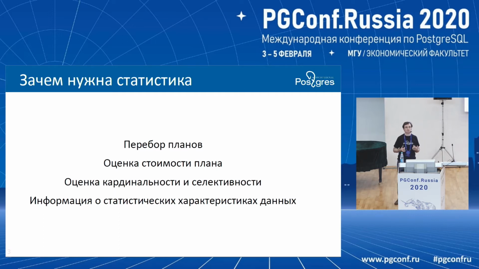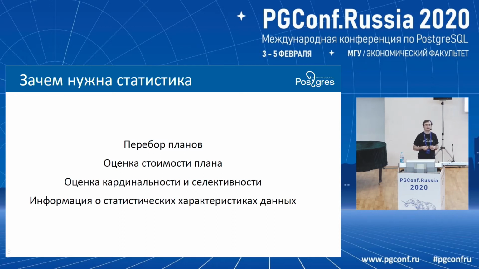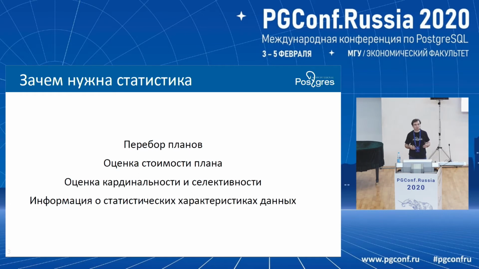So we need to be able to evaluate the cost of a node. It depends on the operation executed on this node, but in most cases it depends on the volume of data which this node should process to get a result. So basically it depends on the number of rows.